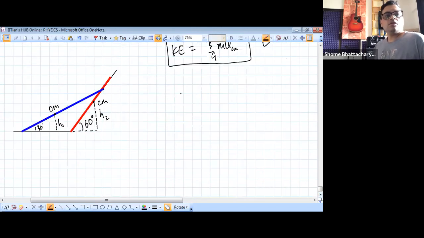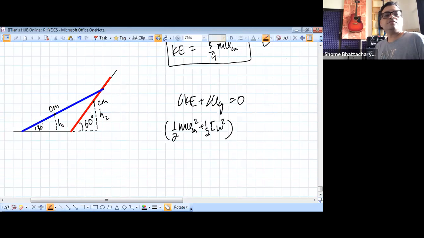Change in kinetic energy plus change in gravitational potential energy should be 0. So half m VCM square plus half I omega square plus m g (h1 minus h2) should be 0.